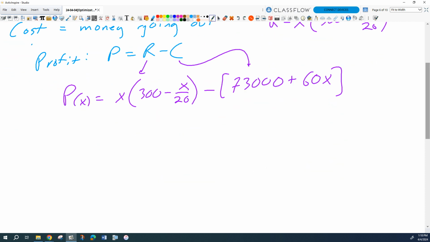There's our profit function. What's our domain? What's the smallest number of television sets that we could sell? 0. What's the biggest number that we could sell? Infinity, I guess, right? That's probably not possible, and we're not going to want to build infinity anyway, because at some point you could build too many, and that's what this is going to tell us. It's going to tell us the optimum amount, okay?